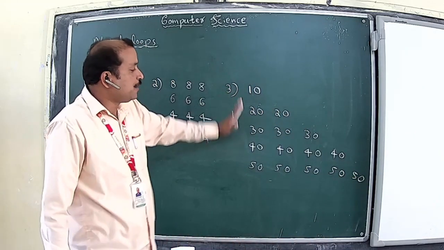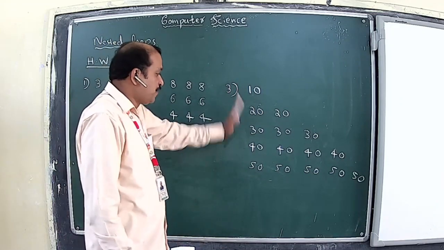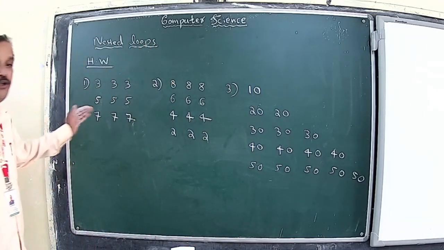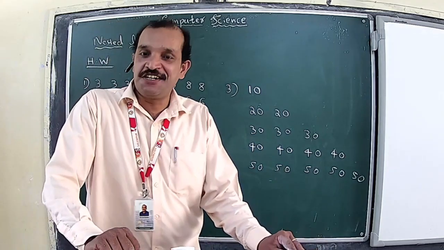Only this is related to the update expression as well as the initialization that you have to take care of, and definitely the test expression also will be different. I hope you will be able to do these 3 homework as part of our nested loop. So practice, do that one.